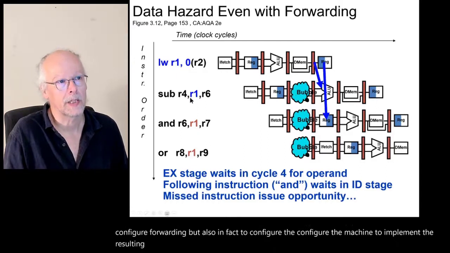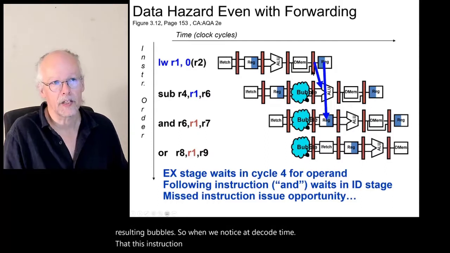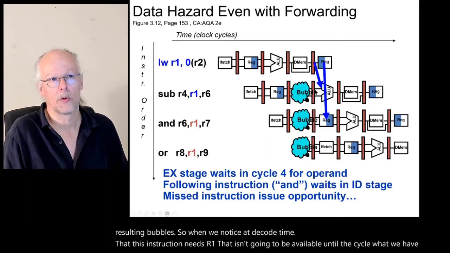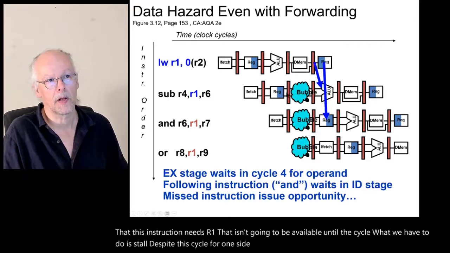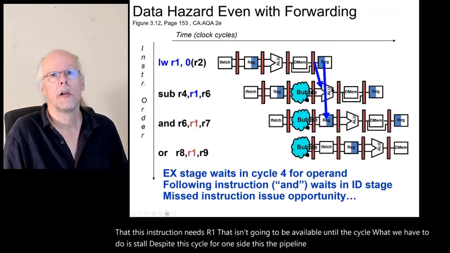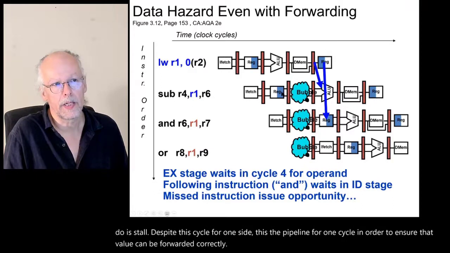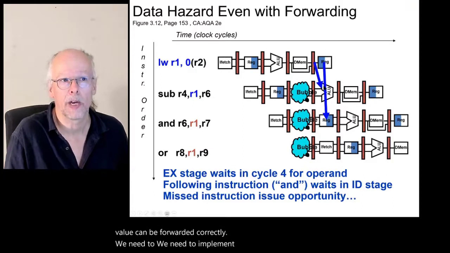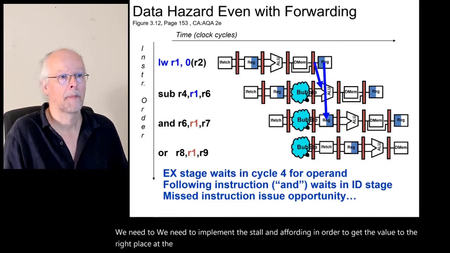So when we notice at decode time that this instruction needs R1 that isn't going to be available until this cycle, what we have to do is stall the pipeline for one cycle, in order to ensure that that value can be forwarded correctly. We need to implement the stall and the forwarding in order to get the value to the right place at the right time.